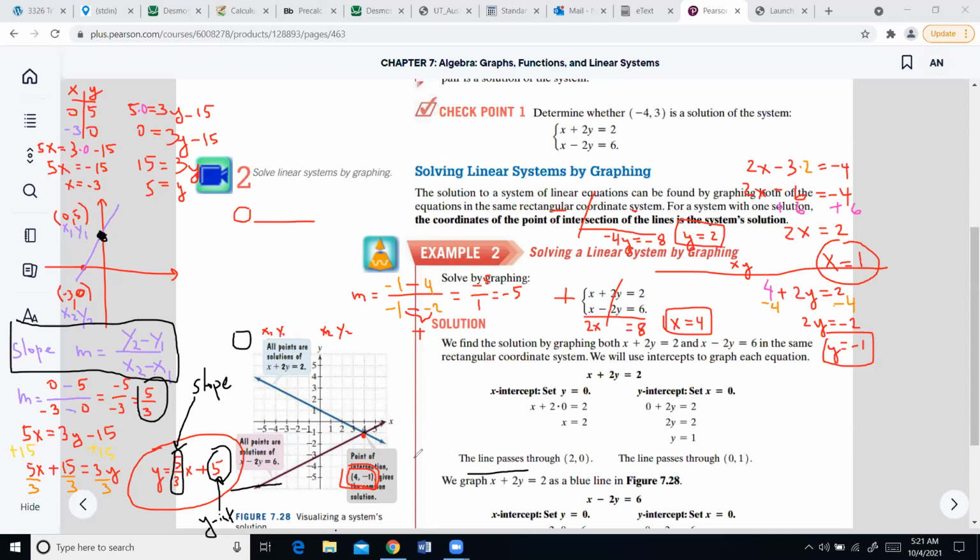And this is not a coincidence. Actually, when you solve a system of two equations, what you are looking for is the point of intersection of those two lines. And the reason that the point 4, -1 is the point of intersection is because this point actually belongs to both of these lines at the same time.